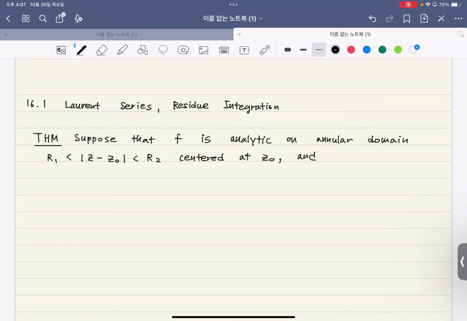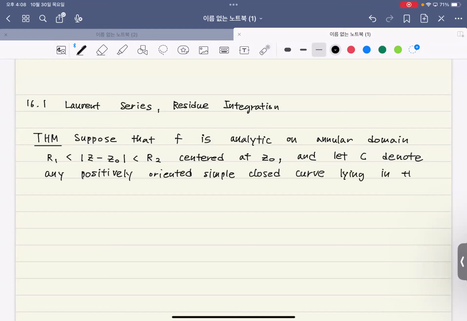And let's see, denote any positively oriented simple closed curve lying in that annulus. So that means I have some mysterious curve which is simple closed and positively oriented.